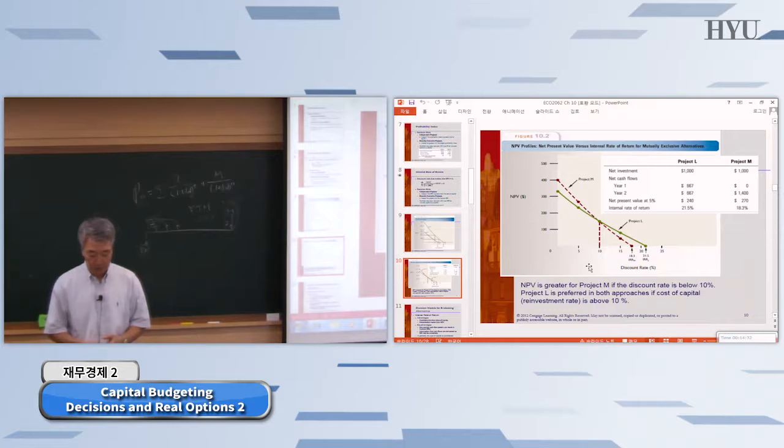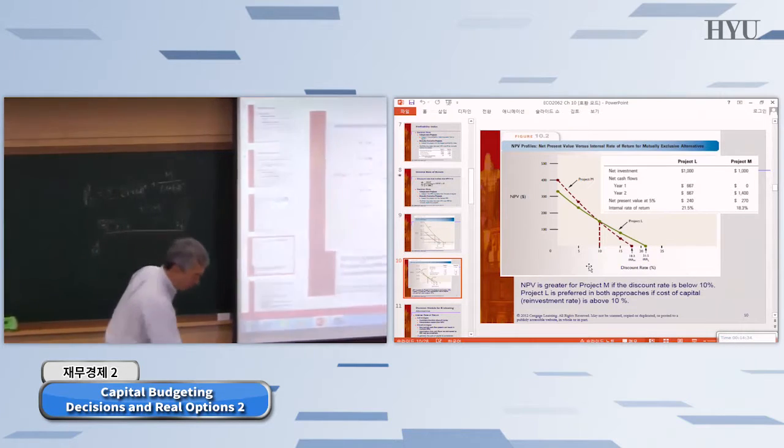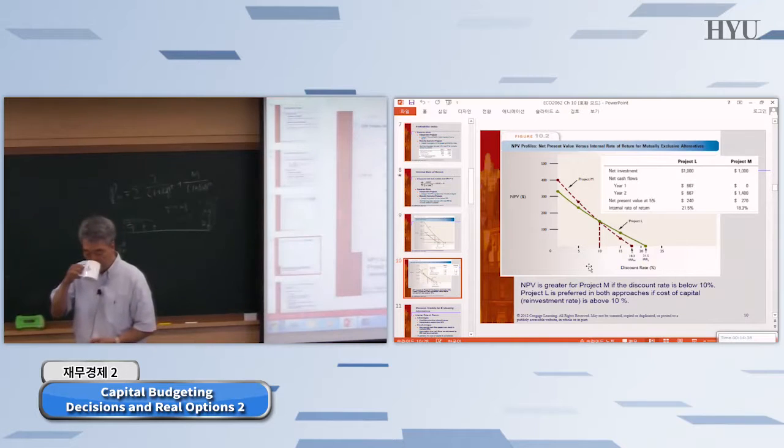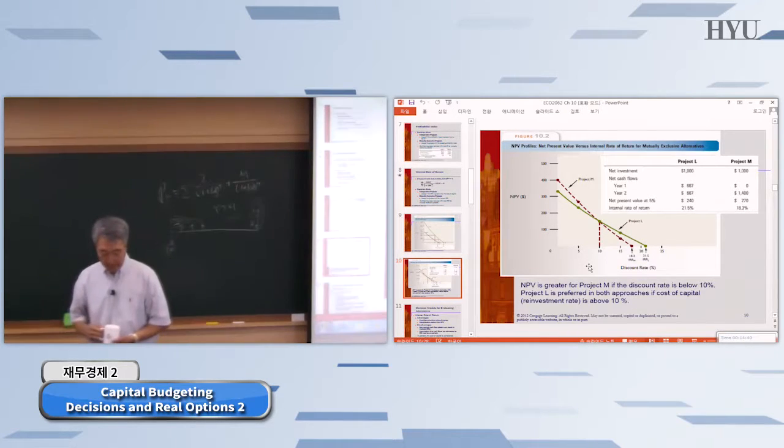Both projects cost $1,000 as initial investment. Project L has only two cash flows, 667. Project M does not earn anything in the first year, but in the second year, you can expect $1,400.